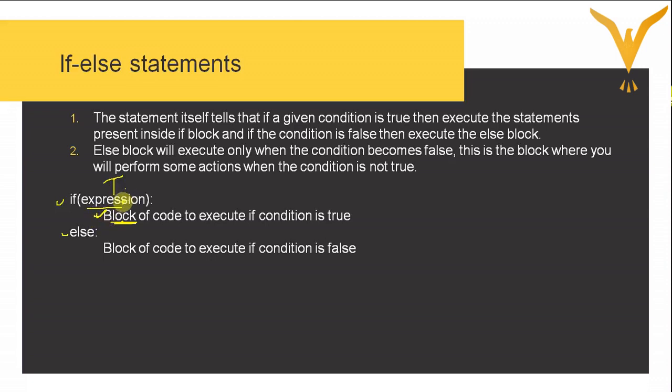But अगर ये expression false हो गया, then the block of else will be executed. Okay, so it is clearly mentioned over here: block of code to execute if condition is true. मतलब यहाँ का block तभी execute होगा when this particular condition is true, else the block of code to execute if condition is false. Okay, so this is nothing but your if else statement.